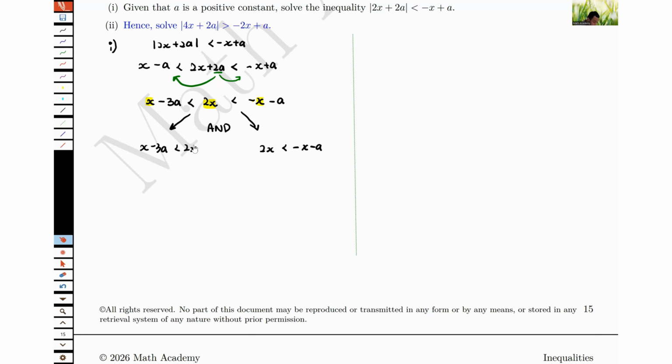I'm going to move all the x terms to one side. We make x the subject.